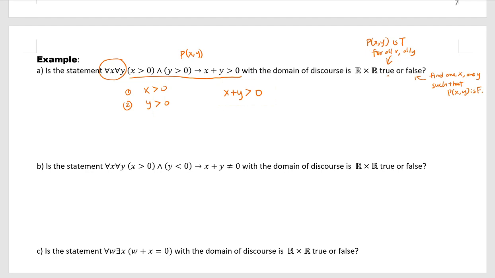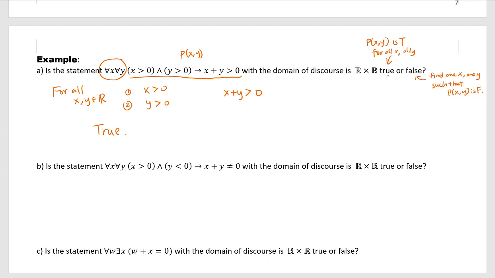So this statement is true for all x and y. We can write: for all x, y, if x is greater than 0 and y is greater than 0, when we add them together, the sum is greater than 0. And this is true.